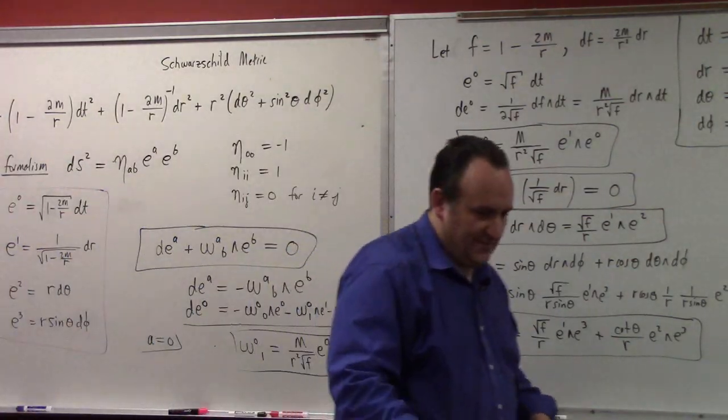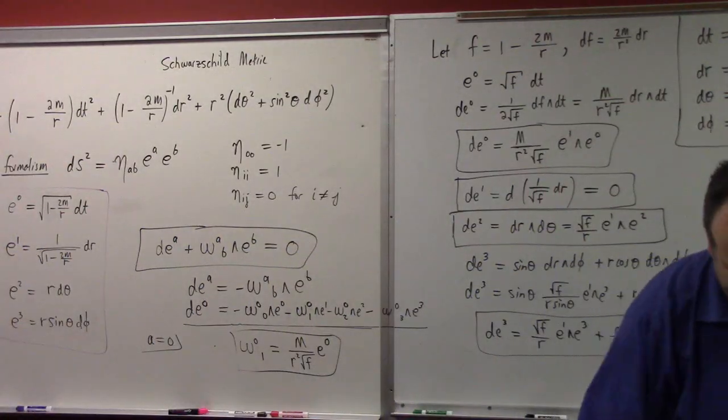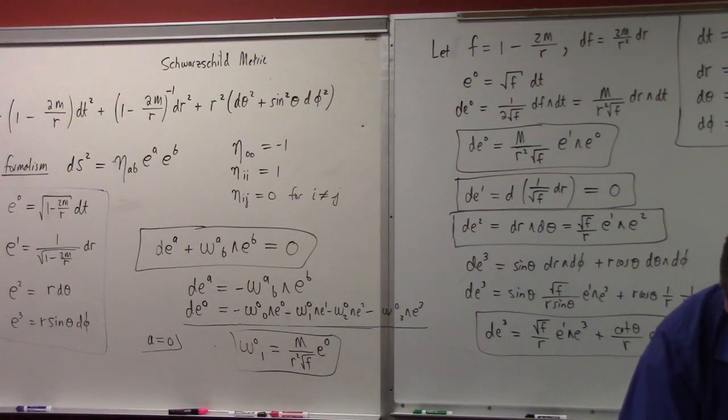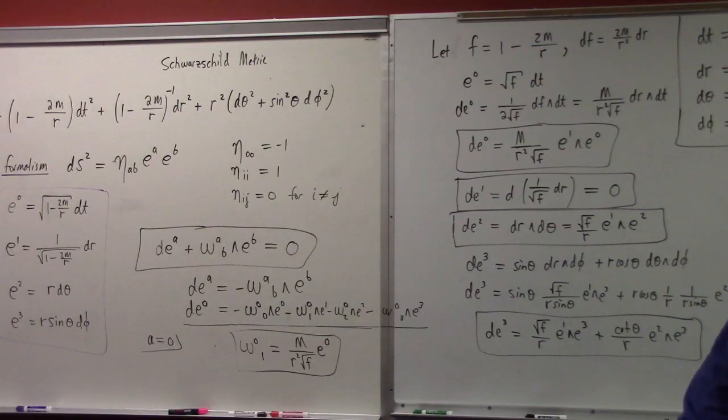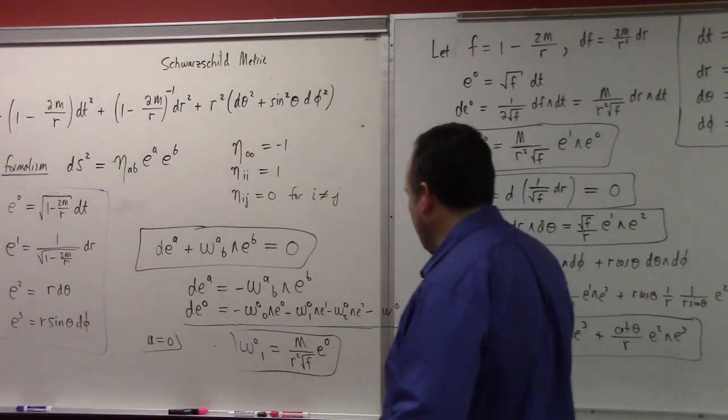All right. You haven't been looking at this, have you? All right, just checking. So we are told that one of the non-zero components is omega 0 lower 1 equals m over r squared times E upper 0. You've got no root f.